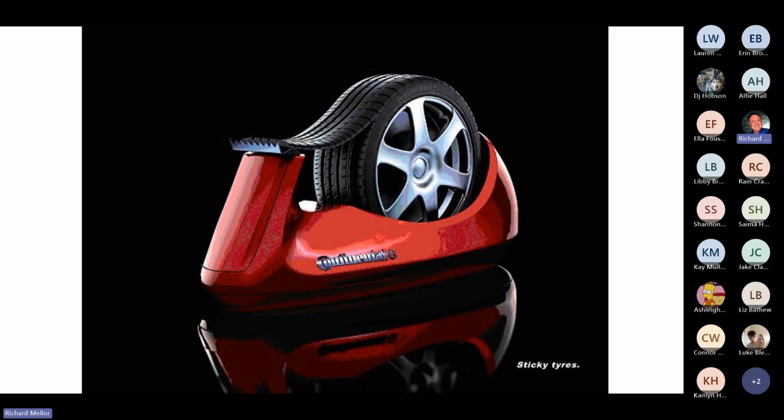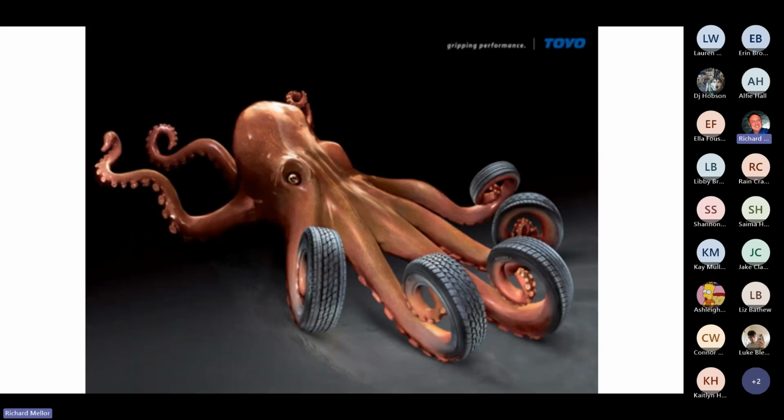So we've got the image of the tire juxtaposed with the tape holder, and a headline in the corner reading "sticky tires". But equally, we could have gone the octopus route and done "gripping performance". So again, all we're doing is mixing our images together to make one new complete message or expression.